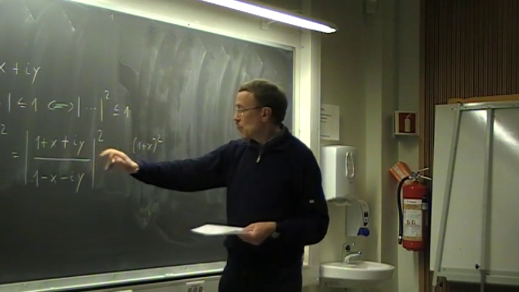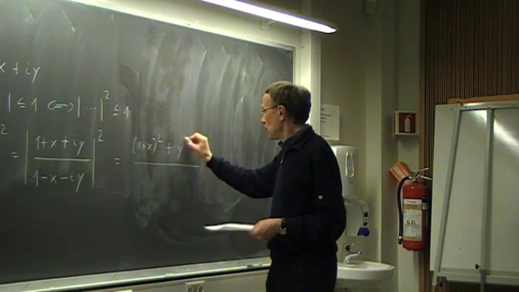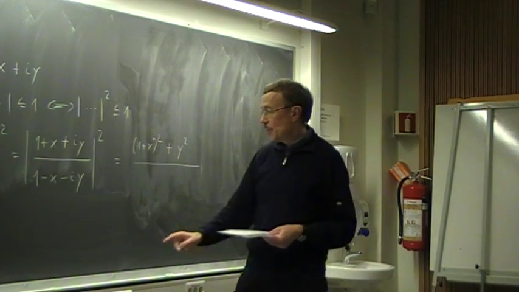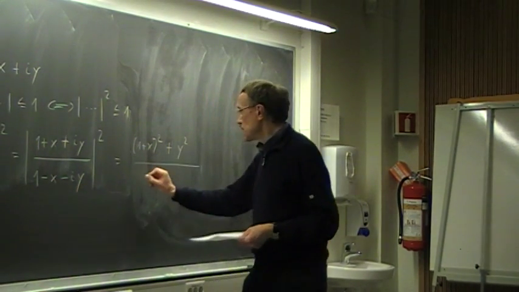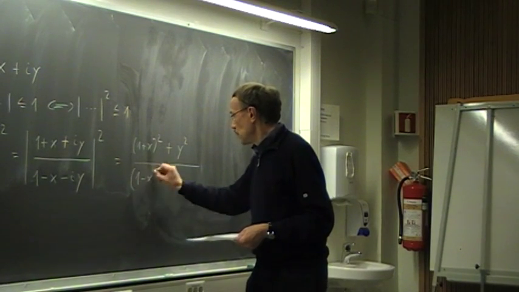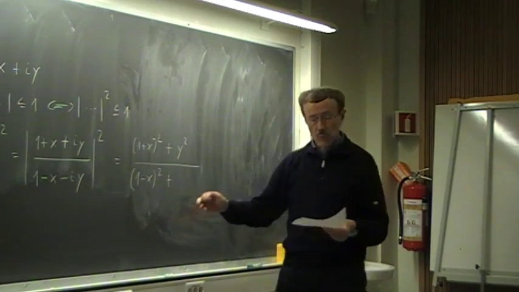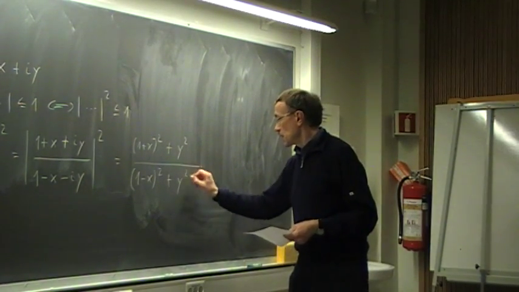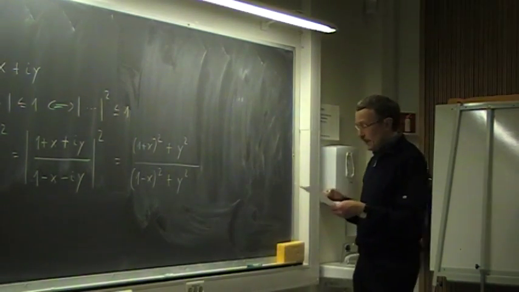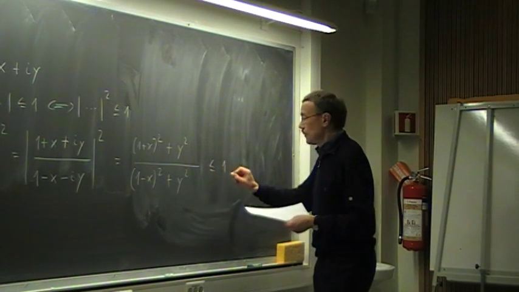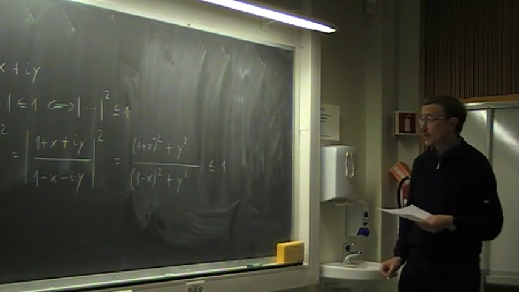Imaginary part is y. And in the denominator, we have 1 minus x is the real part. And the imaginary part is minus y. That squared is also y squared. And that has to be smaller equal than 1. That is the condition, the stability condition.